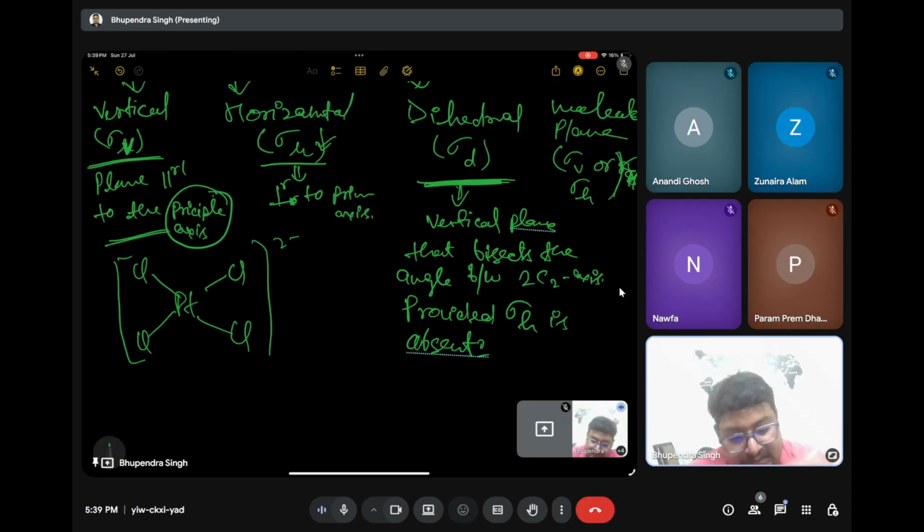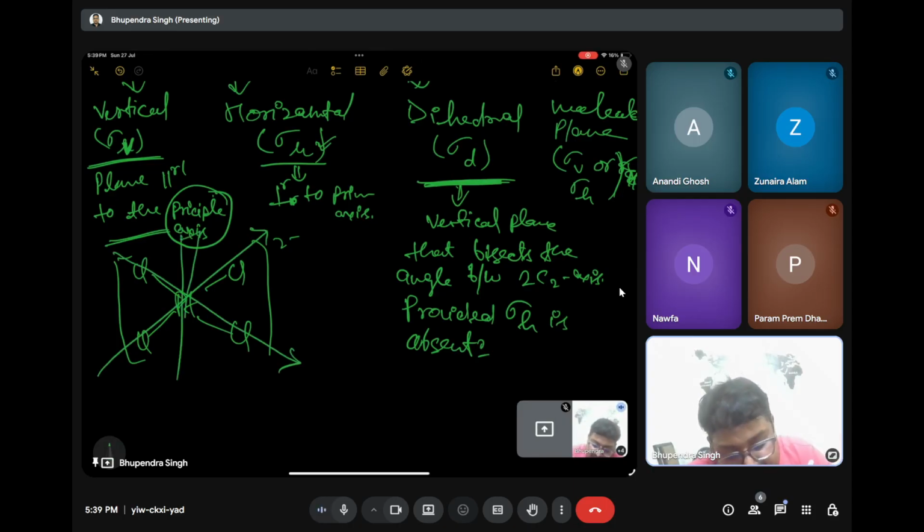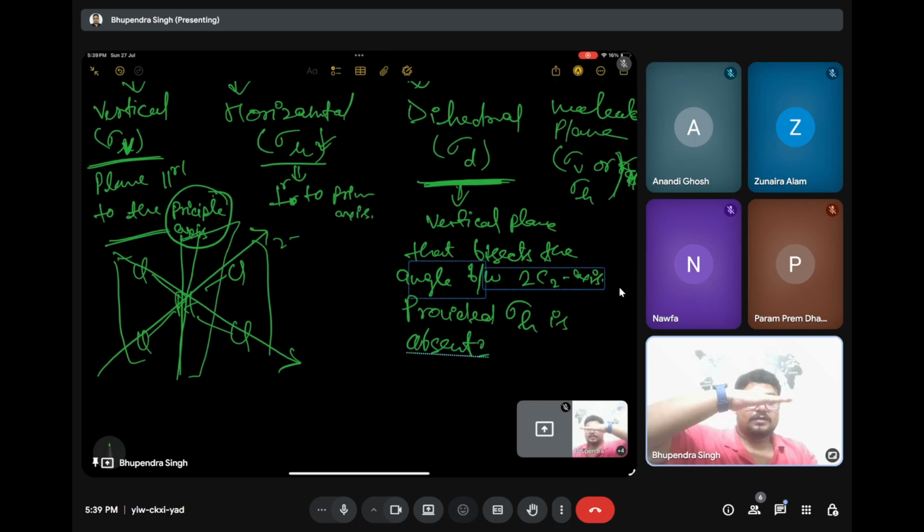So in this PtCl4, these are the C2 axes, right? But this is the plane. Let's say this is the plane, this is bisecting. This is a planar molecule. This is the sigma v, I have said.